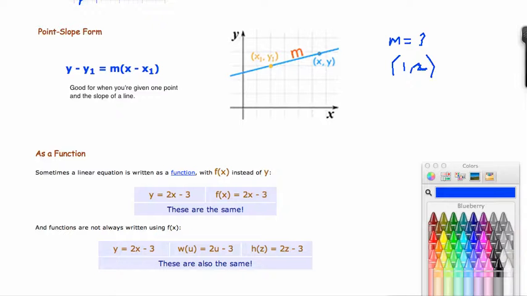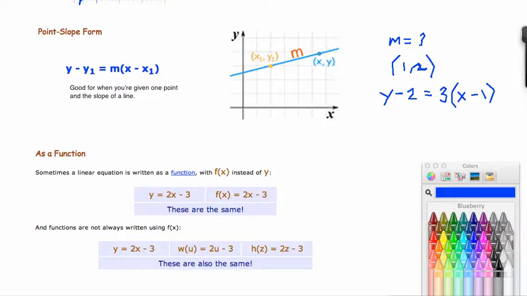Then you would just put into this equation over here: y minus the y value of the point equals m, the slope, times x minus the x value of that point. And that would be a proper equation as well.